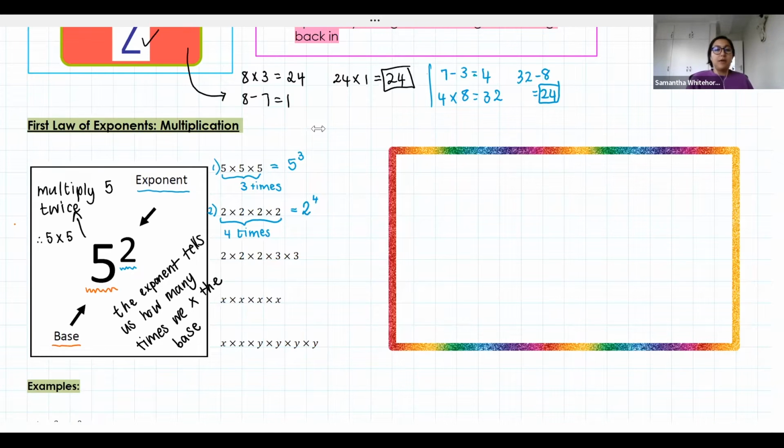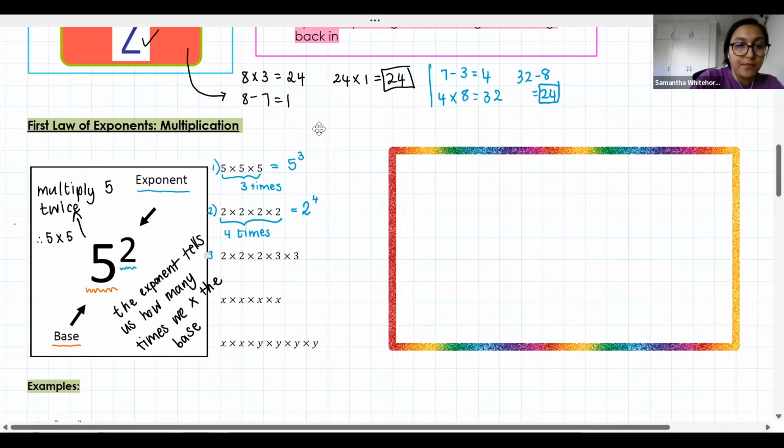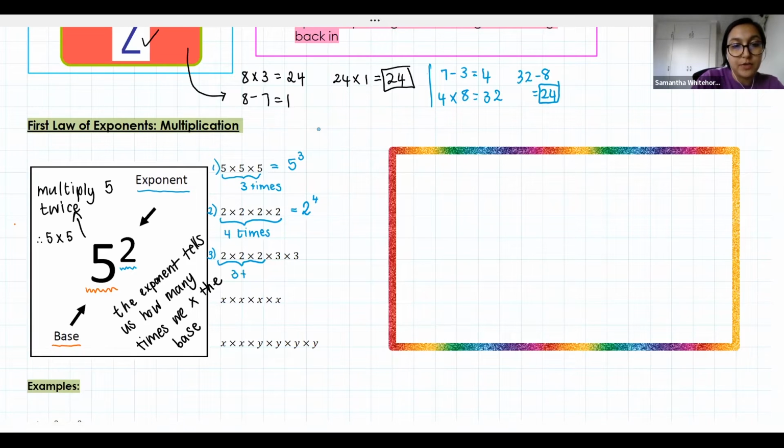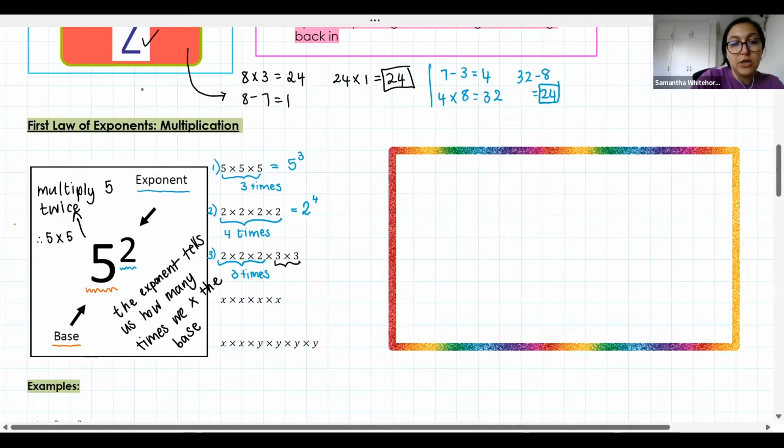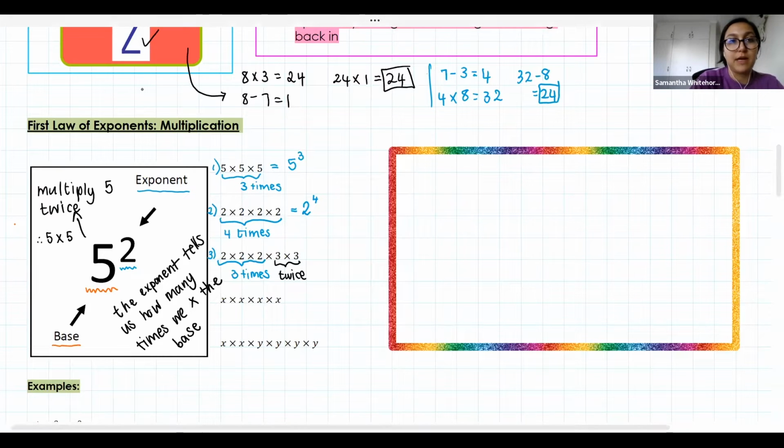Now, what we need to bear in mind is that we don't always need to be using the same numbers. But what that means is the second I start using different numbers, or when my bases are different, I need to consider them separately. So if we have a look at this third example, I can see that I've got 3 2's being multiplied together. So I'm multiplying 2 3 times. But then I'm also multiplying 3 twice. So I've got 2 different numbers that I'm multiplying here.